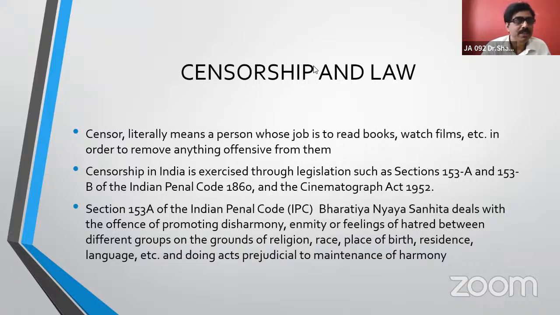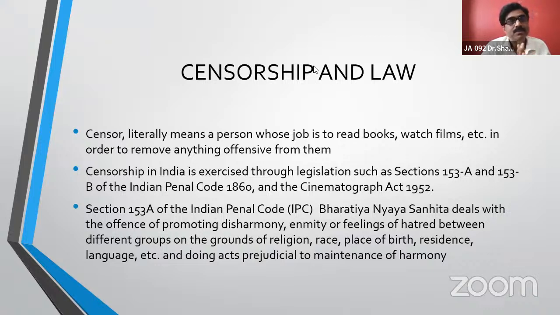Section 153A of the Indian Penal Code, now the Bharatiya Nyaya Sanhita, deals with the offense of promoting disharmony, enmity, and feelings of hatred between different groups on the grounds of religion, race, place of birth, residence, language, etc. Doing acts prejudicial to the maintenance of harmony.